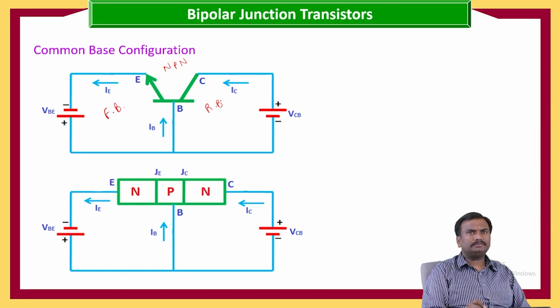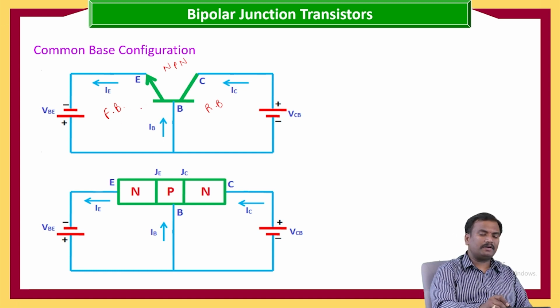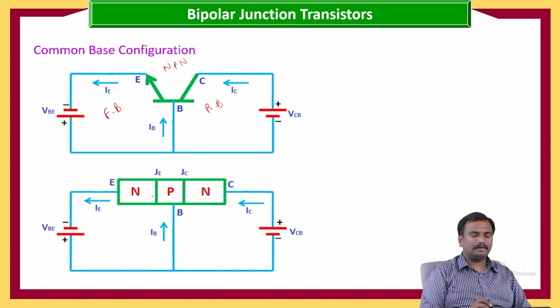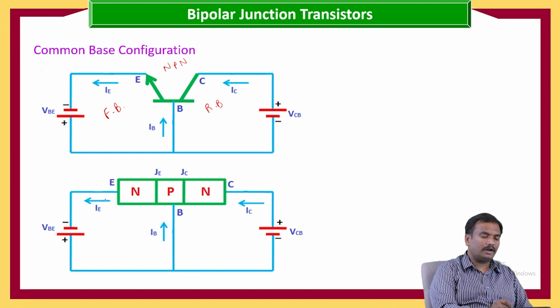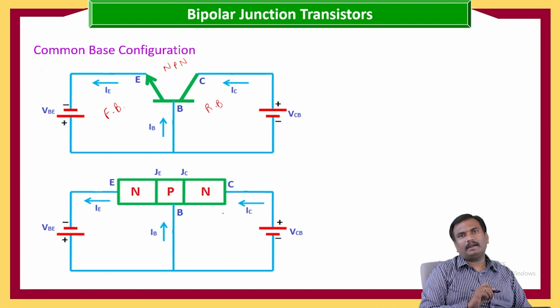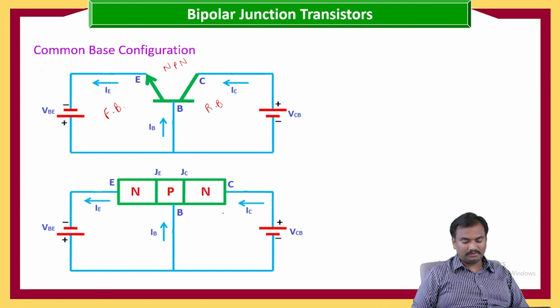Once it is forward biased, the conduction will take place from one layer to another layer. Here this is the current direction IE, this is the base current IB, and this is the collector current IC.